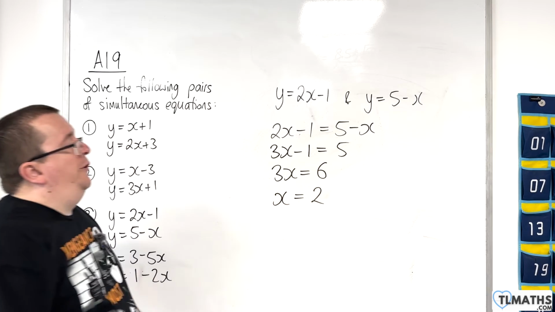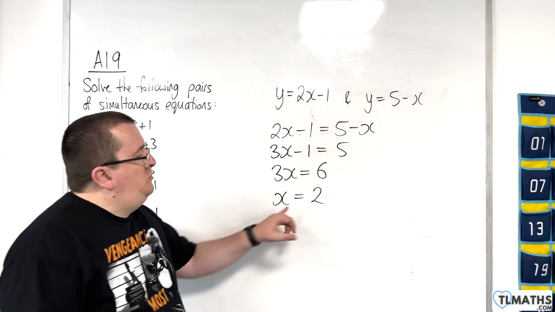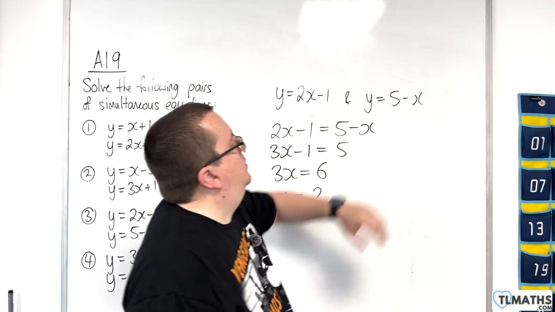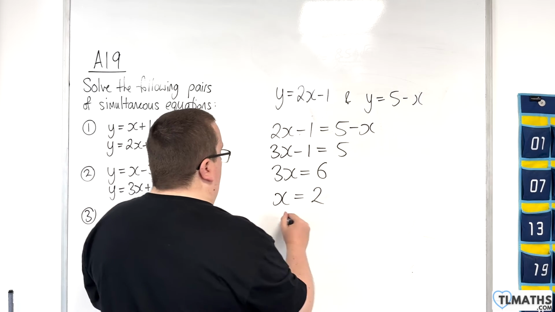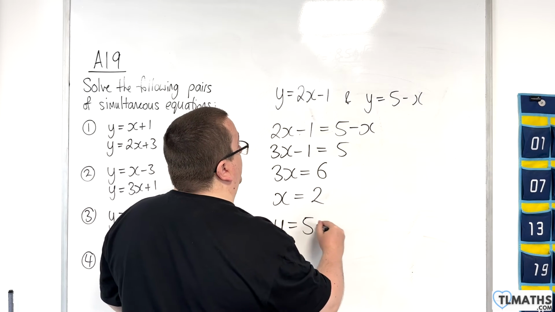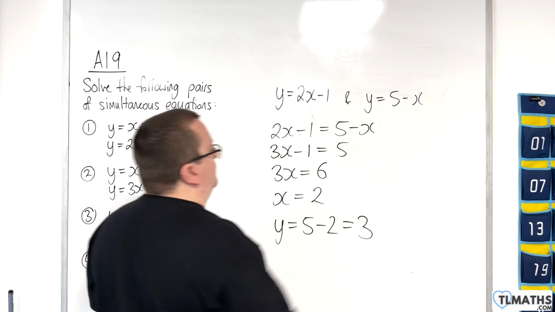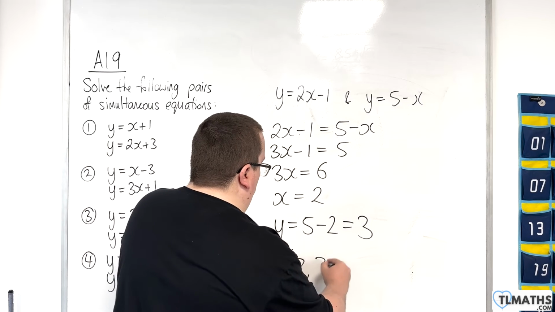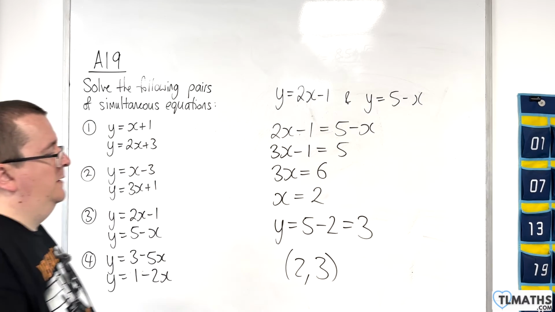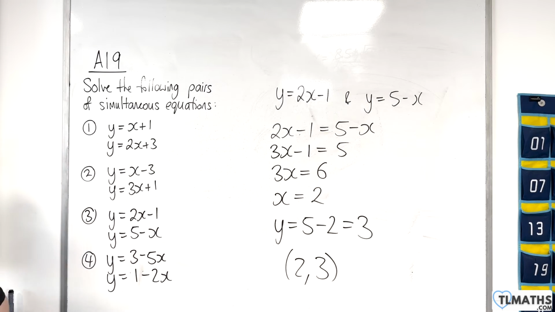So x is equal to 2. And then we'll substitute that into either of these two equations. Now, I think personally this one's looking easiest. So y is equal to 5 take away 2, which is 3. So the two graphs intersect at 2, 3. X is 2, y is 3.